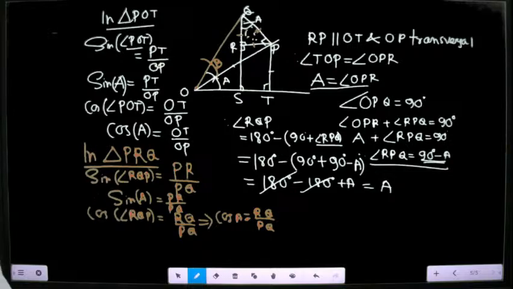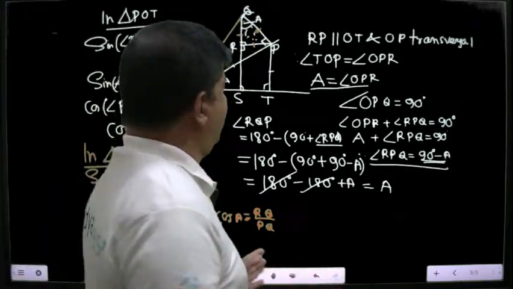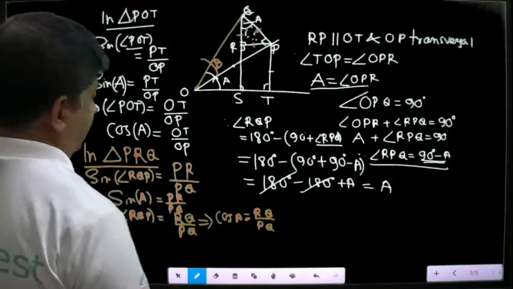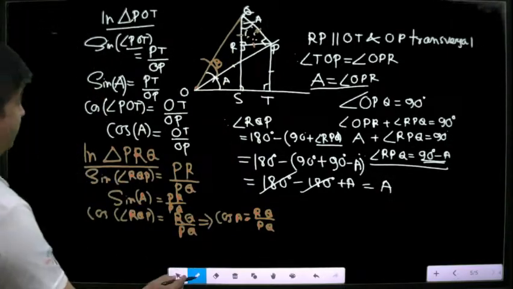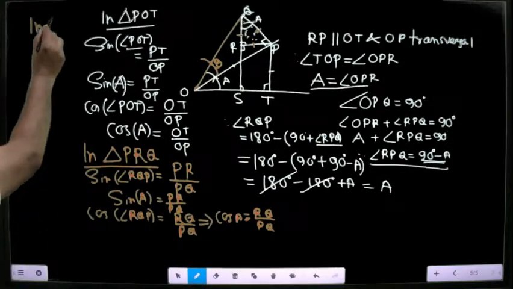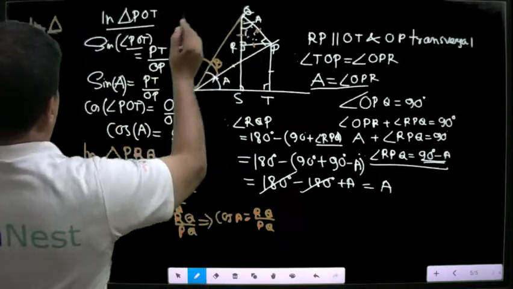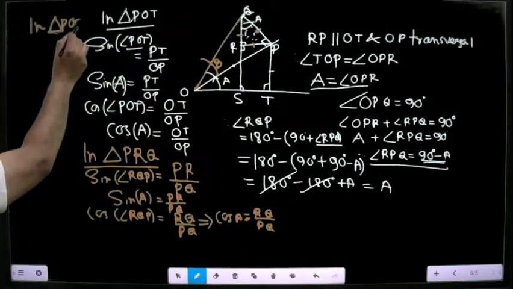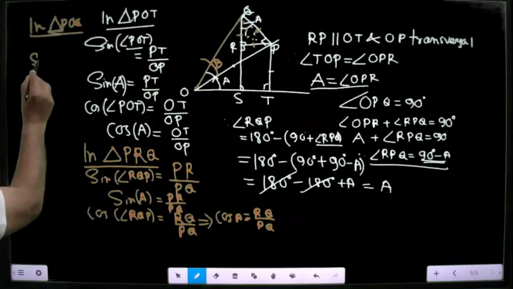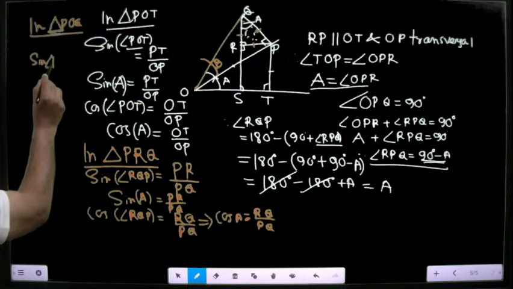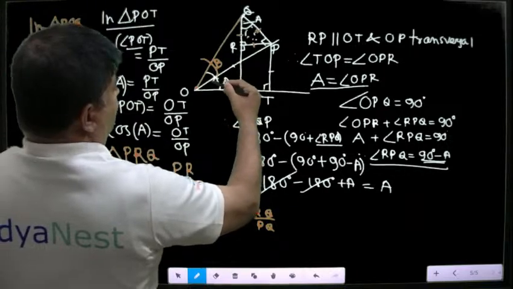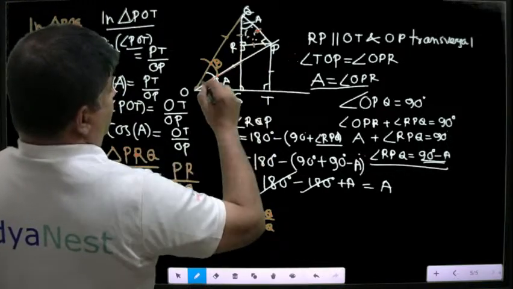Okay. Is any other right angle triangle involved? Yes. Sine POQ. In triangle POQ, now this is considered as base, this is perpendicular, this is hypotenuse.